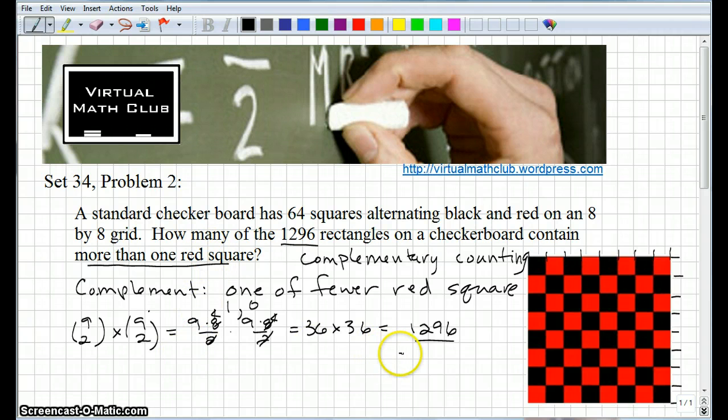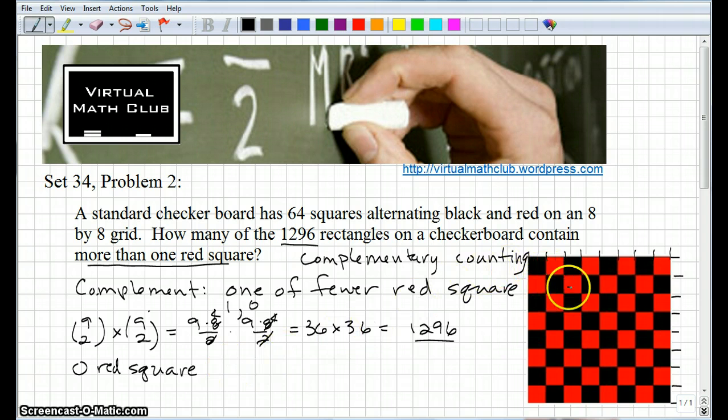Alright, so let's first of all look at 0 red squares. Those are just the black squares, right? So we know we have 4 black squares across.